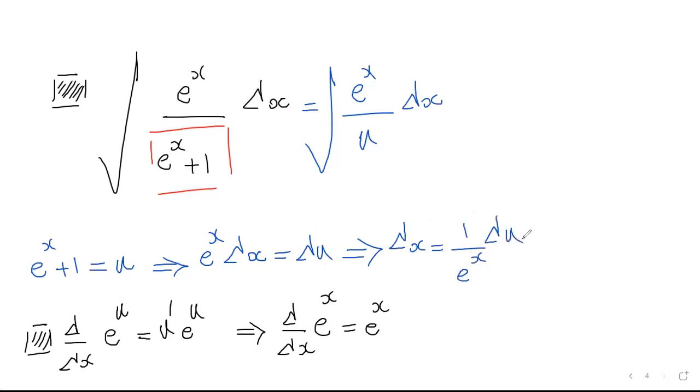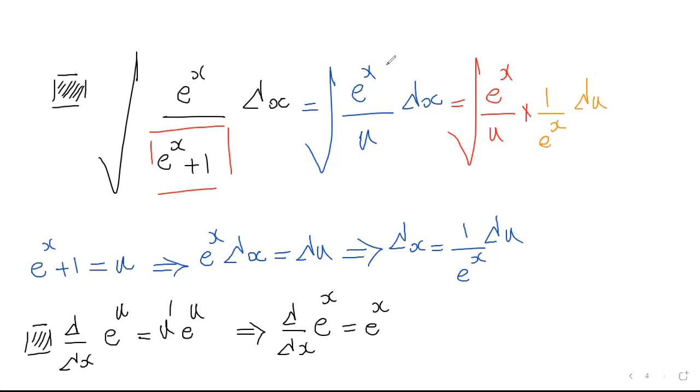You get this one. Then let's take dx here and replace it back up there. Then it becomes e to the power x over u times 1 over e to the power x du.